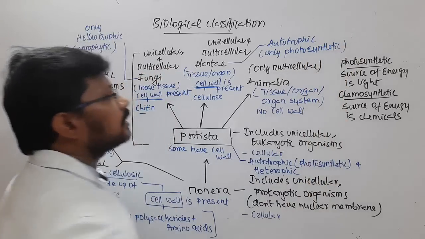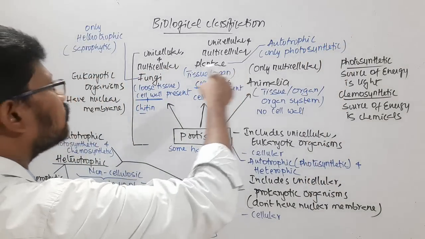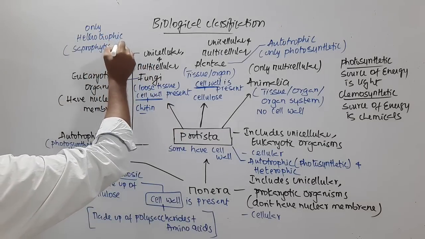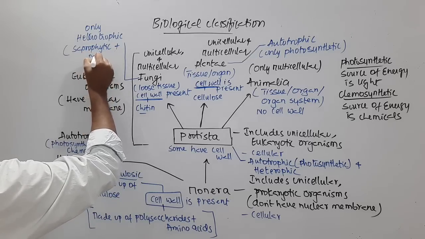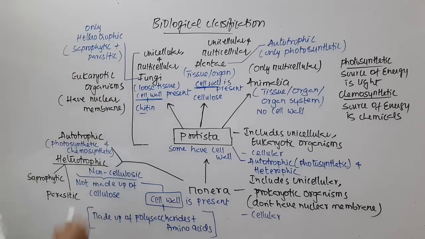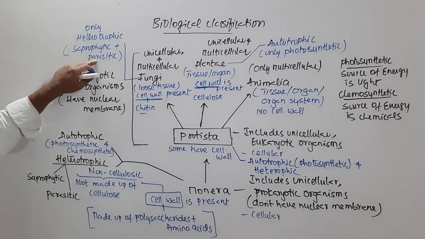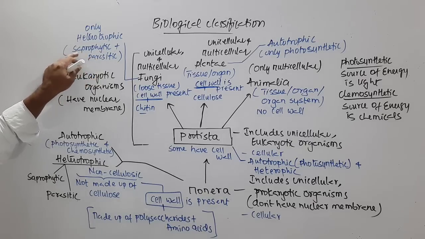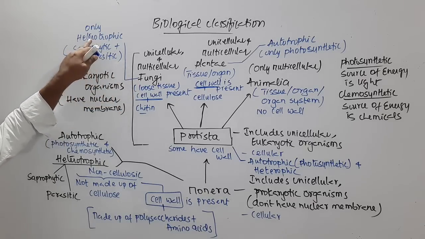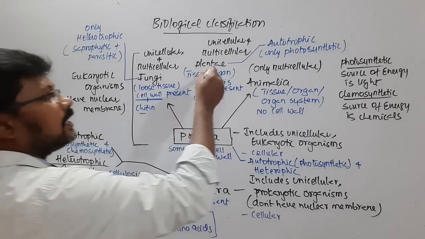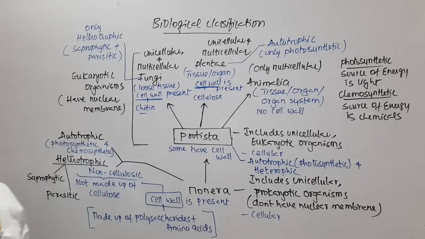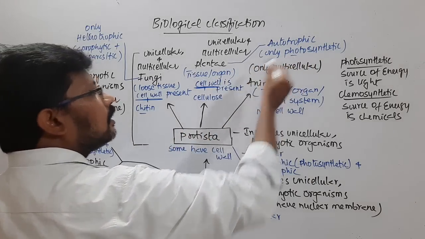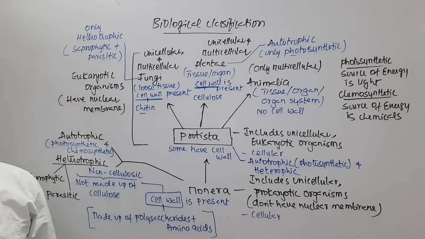And one more point I will include under the fungi: saprophytic plus even parasitic. So both nutritions we will see, parasitic and saprophytic, in case of fungi. That's only heterotrophic mode of nutrition. And in case of plants, it is autotrophic, and we know under autotrophic we have chemo and photo. So here we will see only photosynthetic mode of nutrition.